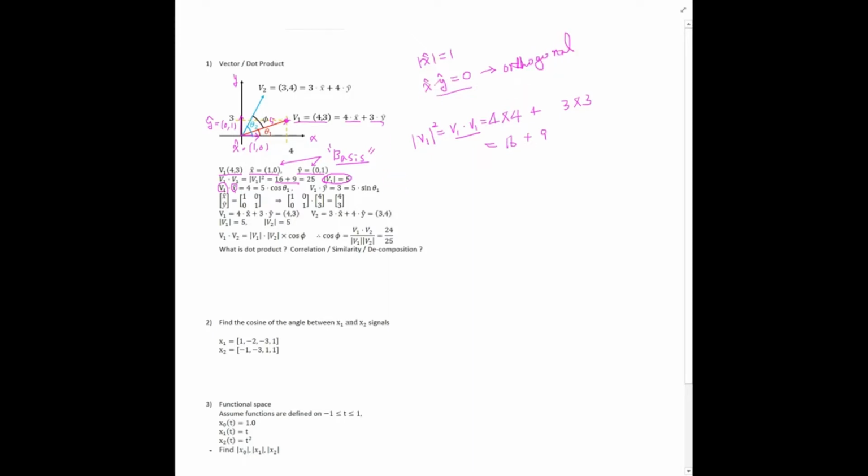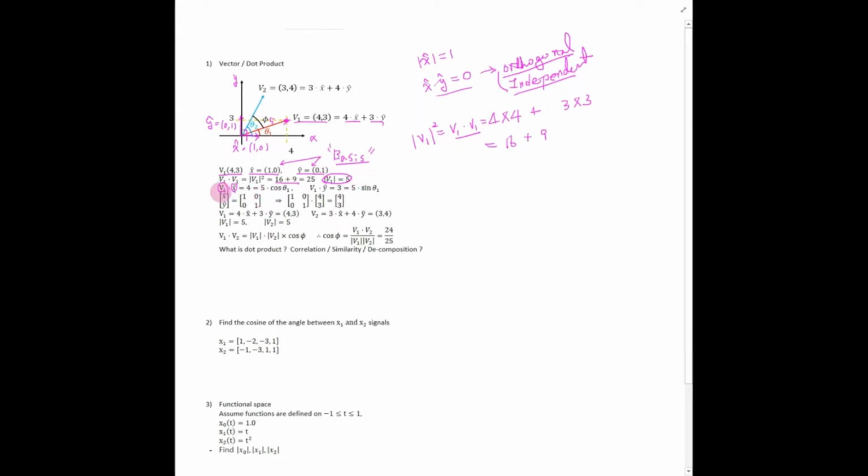You know that x hat and y hat are at a right angle. Another name is independent, so they don't depend on each other. Orthogonal or independent has the same meaning. So usually we take a basis with this property, orthogonal and independent. Okay, that's the basis.